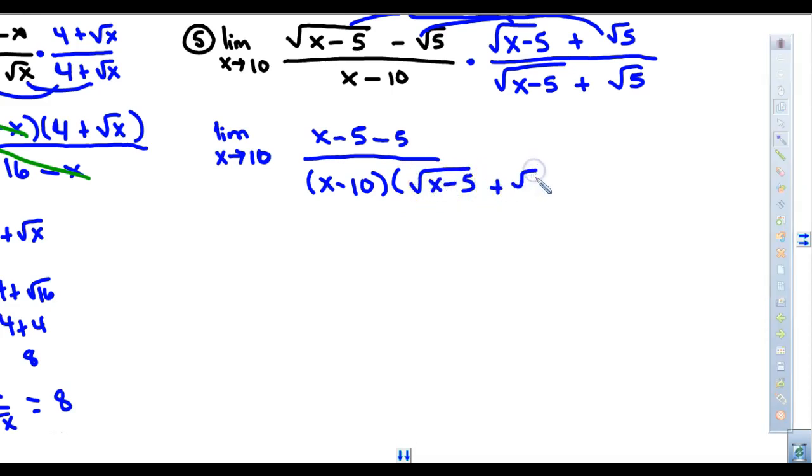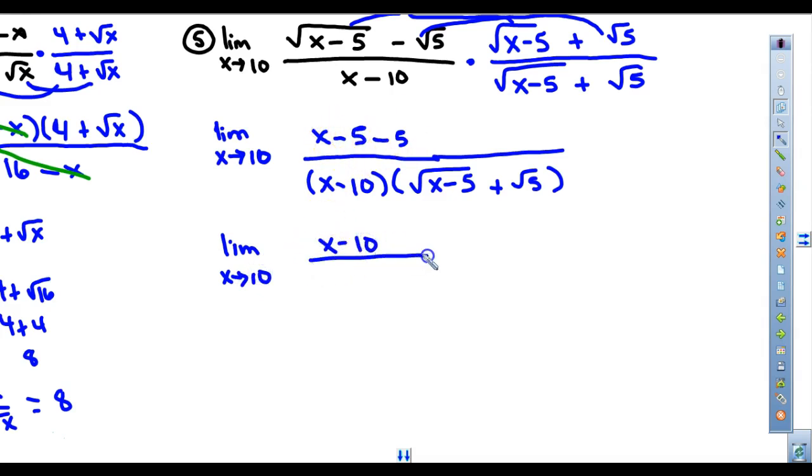Because factoring it, oh my gosh, that's going to be a beast and you don't want to do it. Okay? So what I've got here is, that's going to become x minus 10. Look at there. You probably already saw it before I wrote it down. Which is going to cancel with this good old x minus 10 on the bottom.